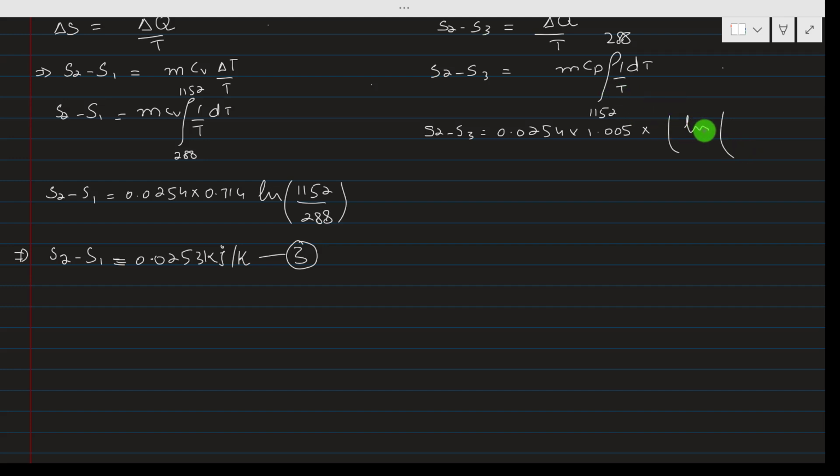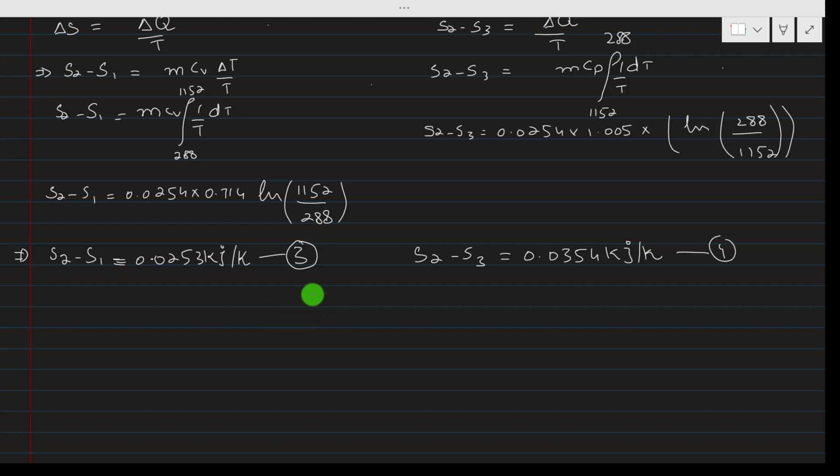The integration is ln, with 288 upper and 1152 lower. After these simplifications, you will get S2 minus S3 equal to 0.0354 kilojoule per Kelvin. Now we call this equation 4.